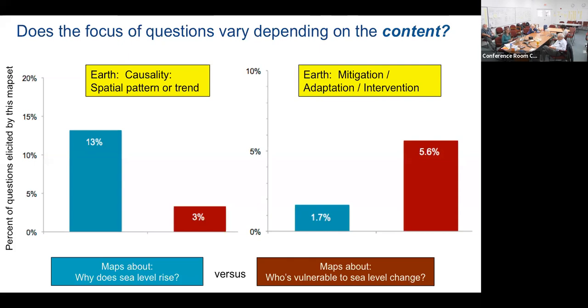There's been a sea change in teaching about the Earth in recent years to put more focus on teaching Earth concepts in the context of societal issues. And that did not come out very strongly. This was not a well-developed set of questions. There were not that many questions. However, by providing maps about who's vulnerable to sea level change, that brought forth more questions in this category.